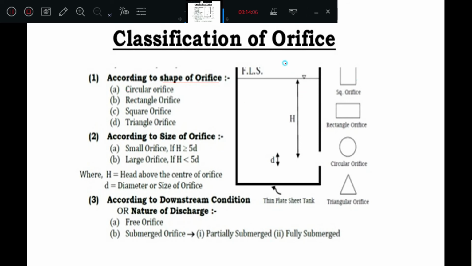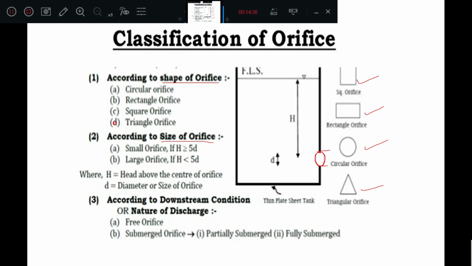It is just the opening provided on the side of the tank, and this opening could be of any shape. It could be a square orifice, a rectangular orifice, a circular orifice, or a triangular orifice. Okay, and depending upon the size of the orifice, small orifice and large orifice.